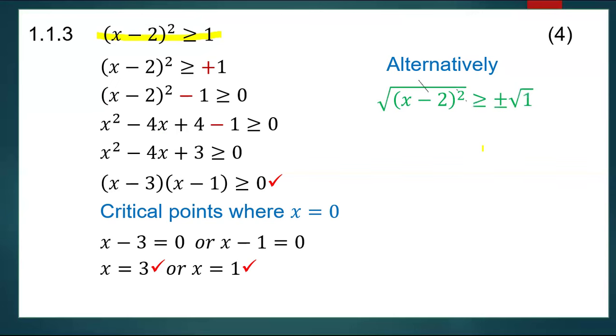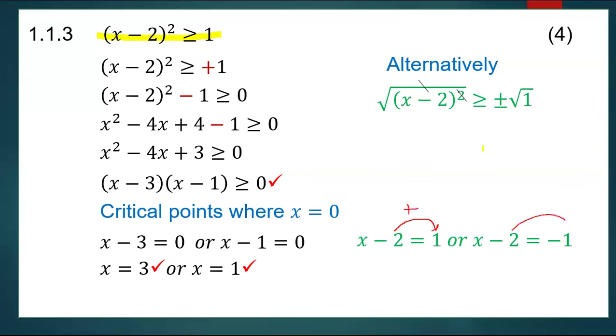Note that the square root and the 2 will cross out, which is just 2 divided by 2. It is 1. On the right-hand side, the square root of 1 will be plus or minus 1. Hence, we will end up having x minus 2 is equal to 1, or x minus 2 equal to negative 1. And you transpose like we've done, you will take this 2 to the other side, it will become positive.